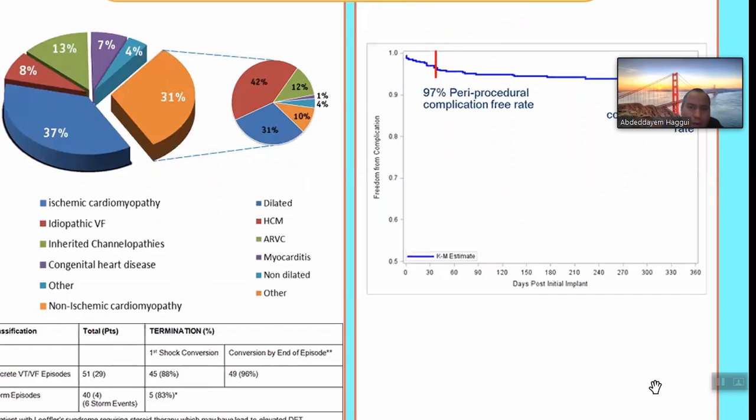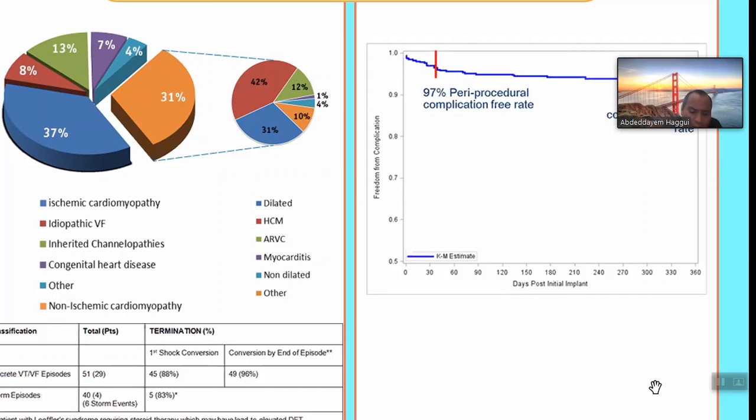The second trial was EFFORTLESS, which is an international multi-center registry that included 472 patients with various heart diseases and representative of all indications for ICD: ischemic heart disease, dilated cardiomyopathy, channelopathy, hypertrophic cardiomyopathy, and arrhythmogenic right ventricular dysplasia.